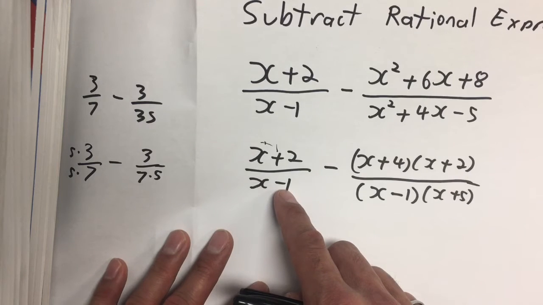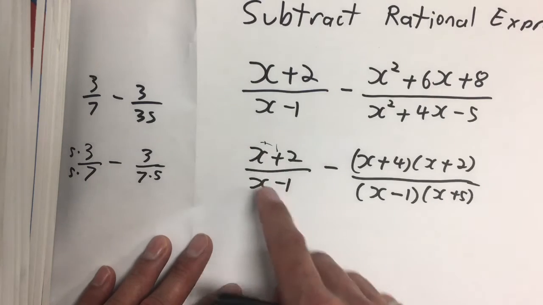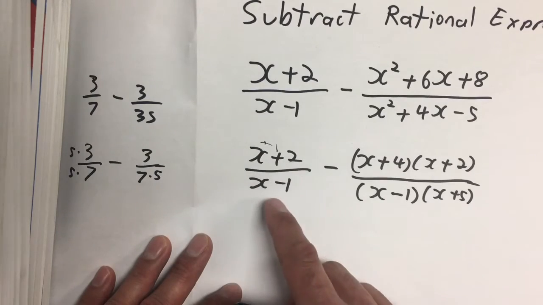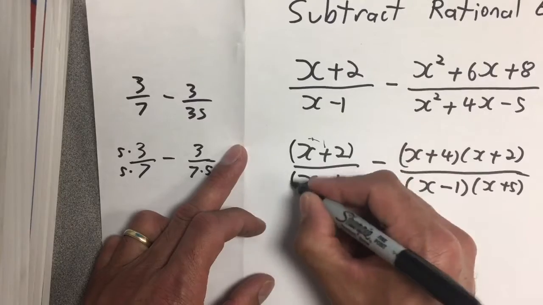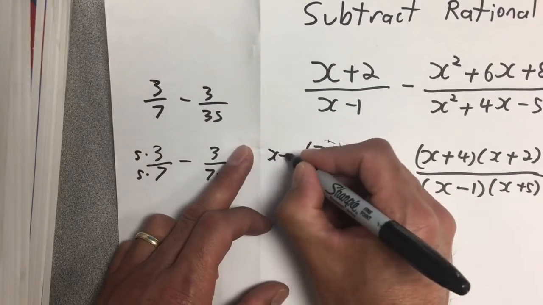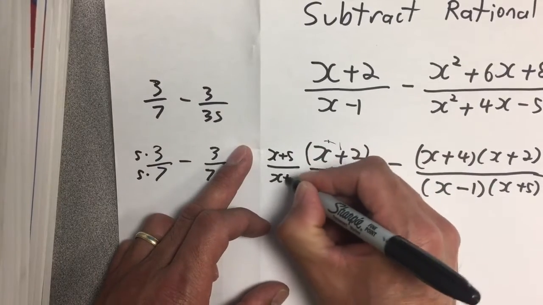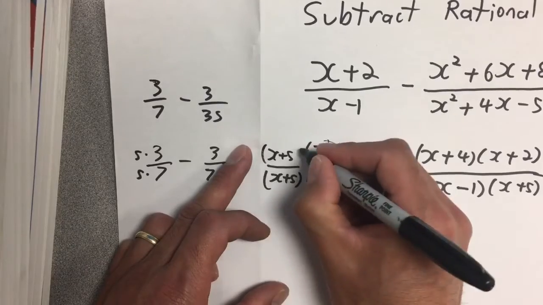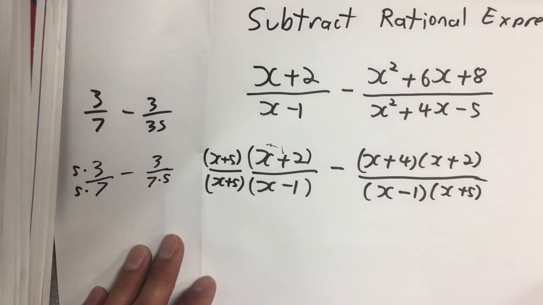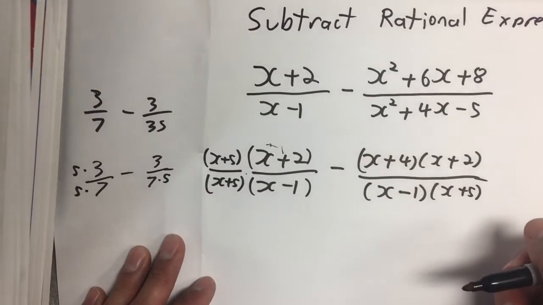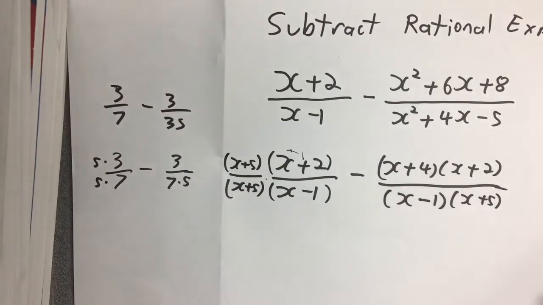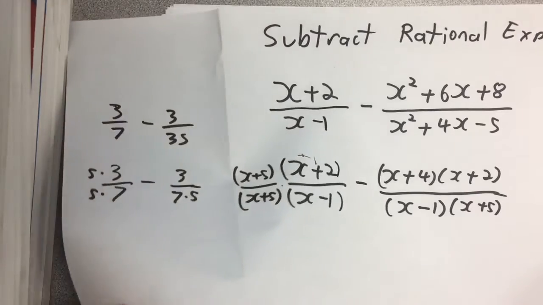So to create a common denominator, all we need to do is multiply this term top and bottom by x + 5. It's perfectly fair for me to do that because (x + 5)/(x + 5) is equal to 1, as long as x is not equal to -5.